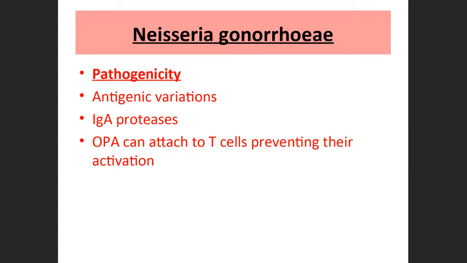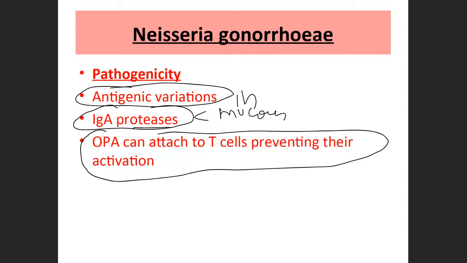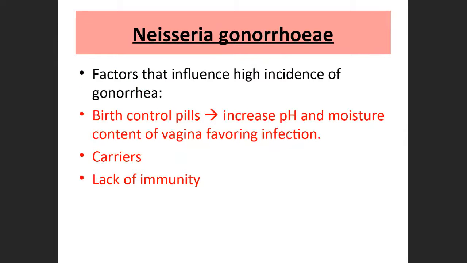From chapter 16, this was the example of an organism that could have antigenic variations, and IgA proteases, which again protect it in mucous membranes. So these are enzymes that can destroy IgA, and Opa that can attach to T cells and prevent activation of T cells.